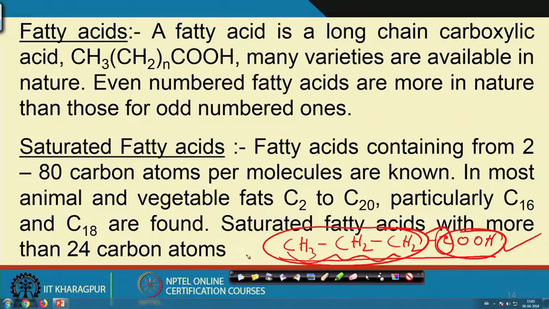Many varieties are available in nature, and even numbered fatty acids are more common in nature than odd numbered ones. Now, about even numbered and odd numbered, as we have said, do not get confused, because subsequently you will see that it depends on how the books are following it.